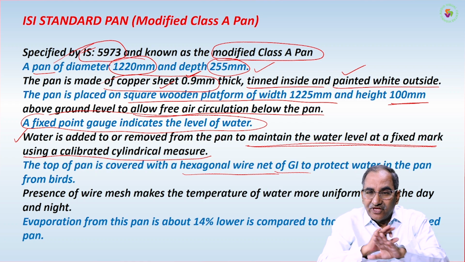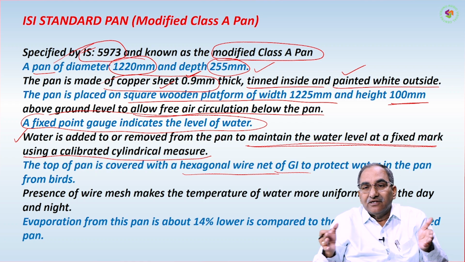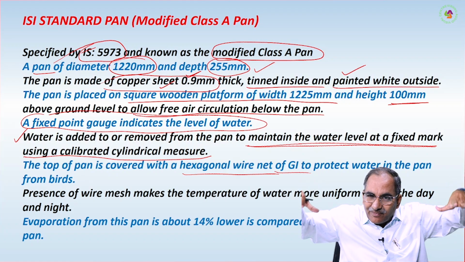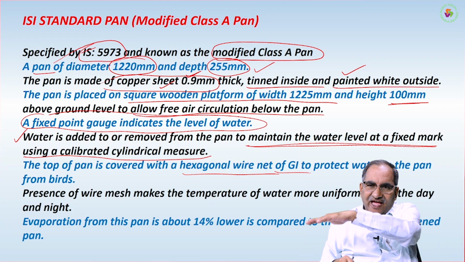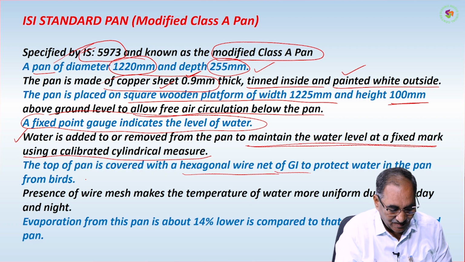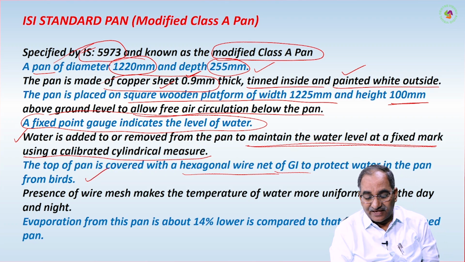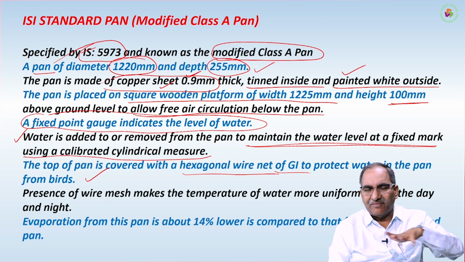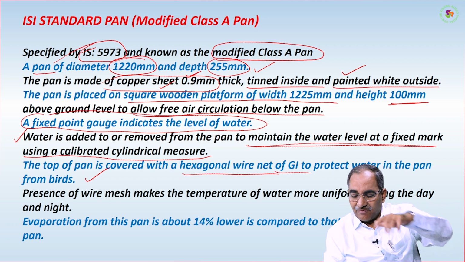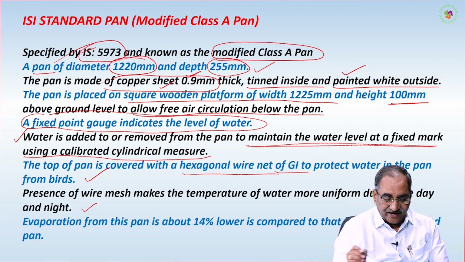So that's why it is not accessible like that. So that's why a wire mesh, which is a GI wire mesh, we put it on the entire pan actually. Presence of wire mesh makes the temperature of water more uniform. If you keep that wire mesh, the temperature will be more uniform during day and night.